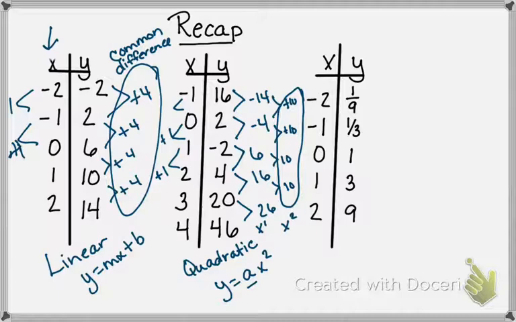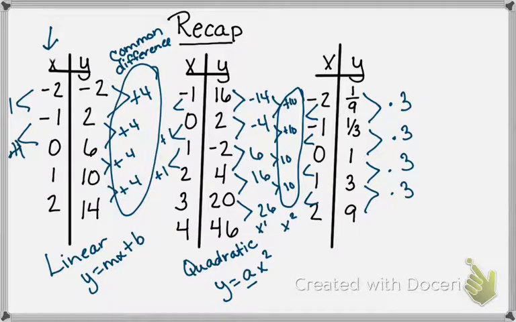So let's go to our third one. We still notice on this side, we're going up by 1s. Now, if we look 1/9 to 1/3, I don't see any way that I can add or subtract anything to get from there to there. And if I look here and I see that they're going up by multiples, that tells me that it's doing something where it's being multiplied. In this case, 1/9 being multiplied by 3 gets me to 1/3. 1/3 times 3 gets me to 1. 1 times 3 gets me to 3, and 3 times 3 gets me to 9.